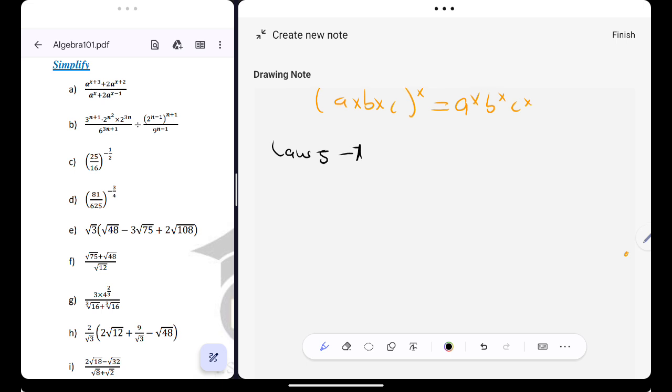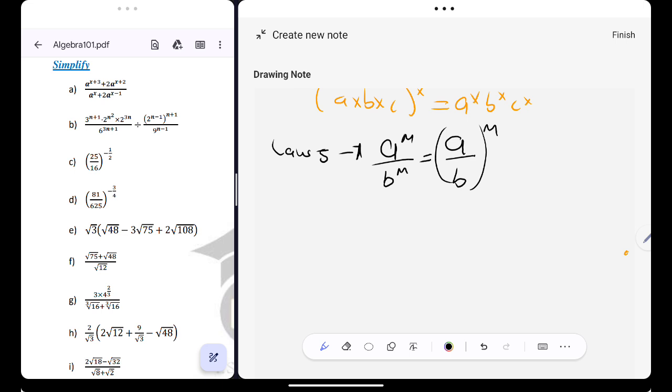Going to the fifth law, we can say that if ever you're dividing two things that have the same exponent, you can write them like this, because they have the same common exponent.